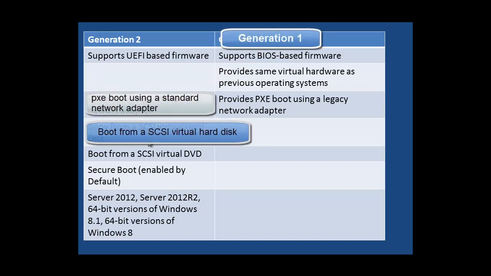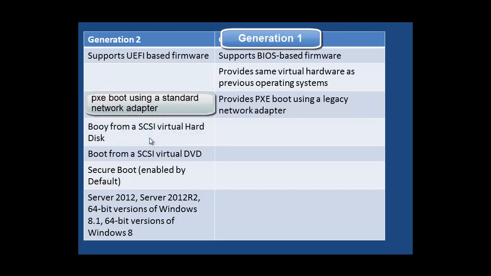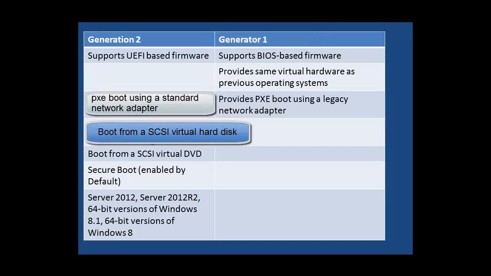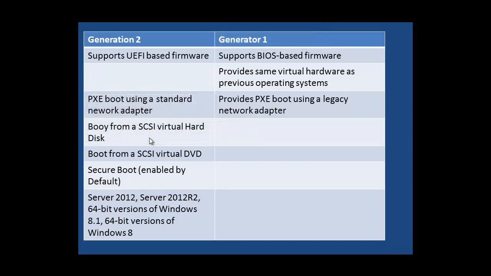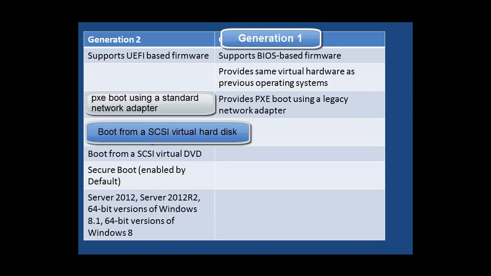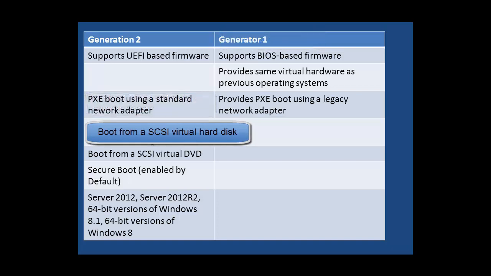With Generation 2, we can also boot from a SCSI virtual hard disk. In previous versions of Hyper-V, you could not boot a virtual machine from a SCSI attached virtual hard disk or from a DVD. Generation 2 virtual machines can boot from a virtual hard disk or DVD that is attached to the SCSI controller. So that's another change there.